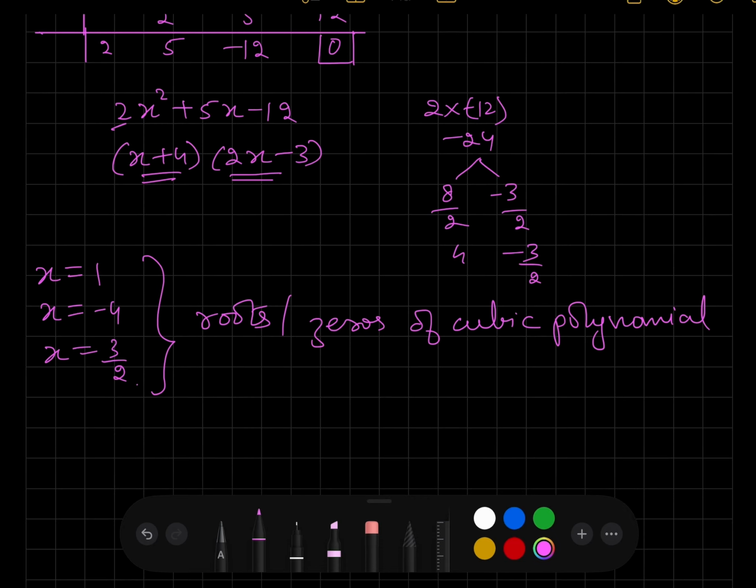If you plot this curve on a graph, then at these points, at 1, negative 4 and 3 by 2, which means 1.5, so at this point, and at negative 4, maybe somewhere here, at these three points our graph would be intersecting the x-axis. This is the meaning of zeros.